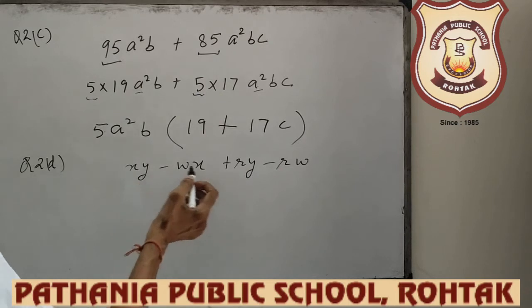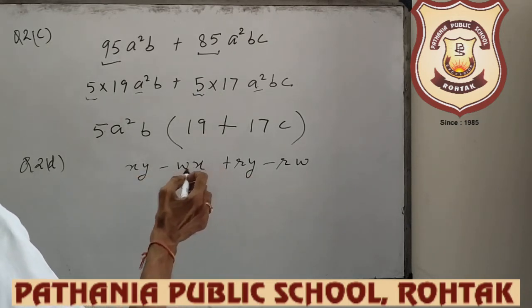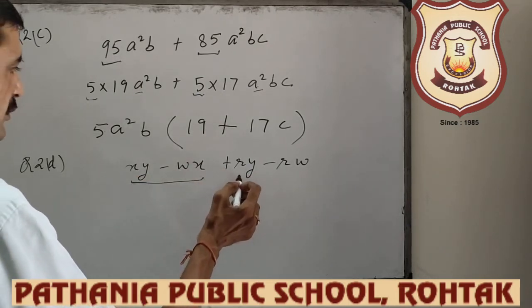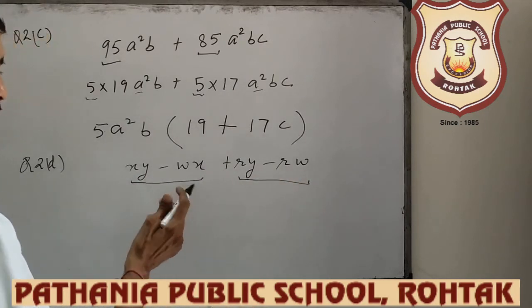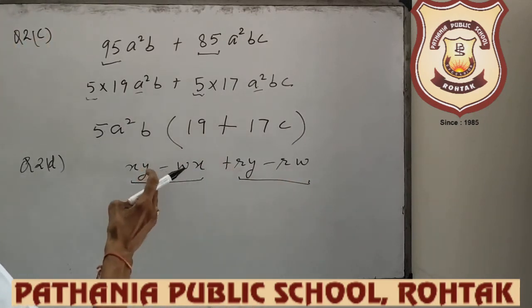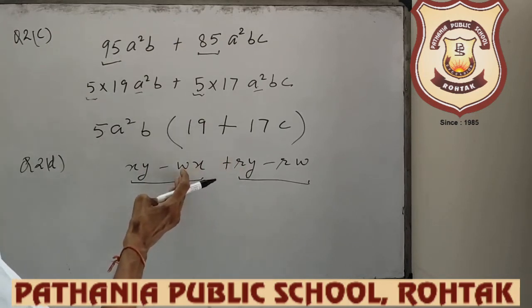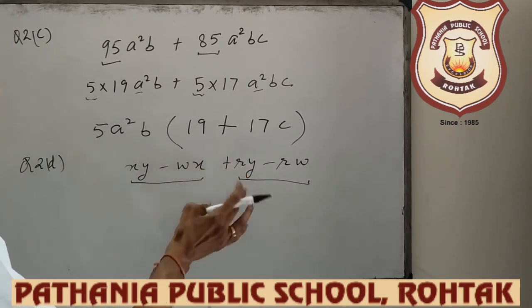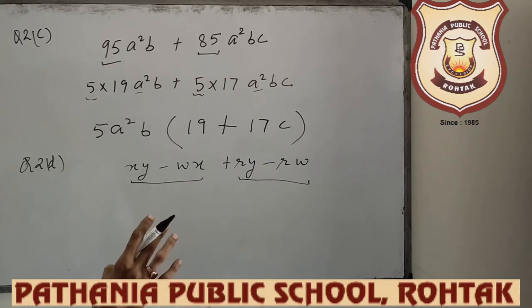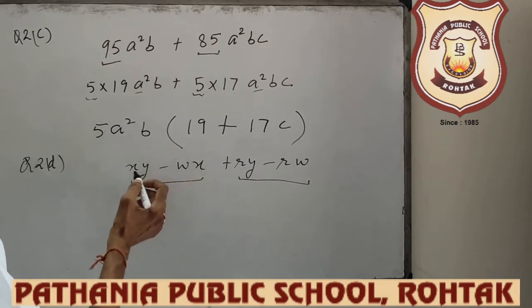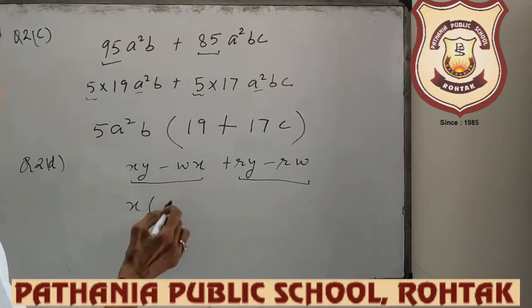Now, when 4 terms are there, then take common from the first 2 and common from the last 2. Or if you want to change this according to your convenience, you can write this one first and then this. It is your choice, but common should be there. Just like in these two terms, x is common.